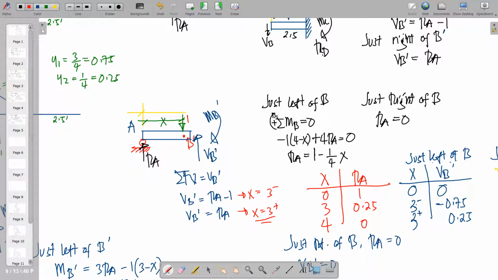Now if we are going to consider VB prime, we are going to have this tabulation. So when X is 0, VB prime, by the way, is actually related to RA, okay?